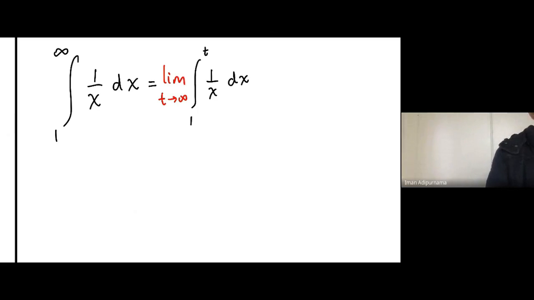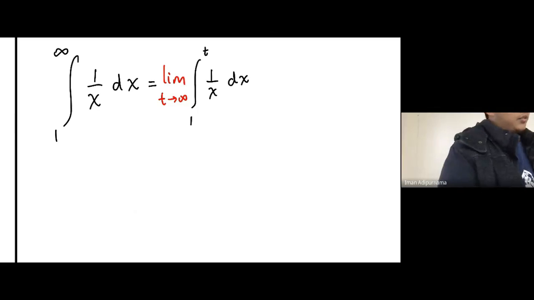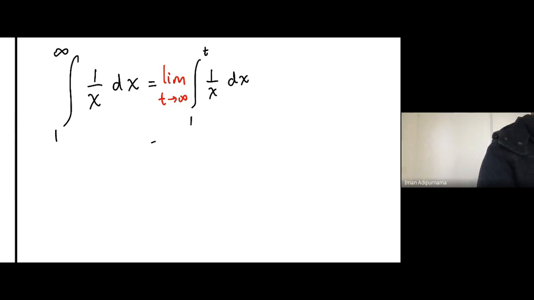So if you integrate 1 over x, it becomes ln, right? So I can write the limit as t approaches infinity, and the result is ln x evaluated from 1 to t.